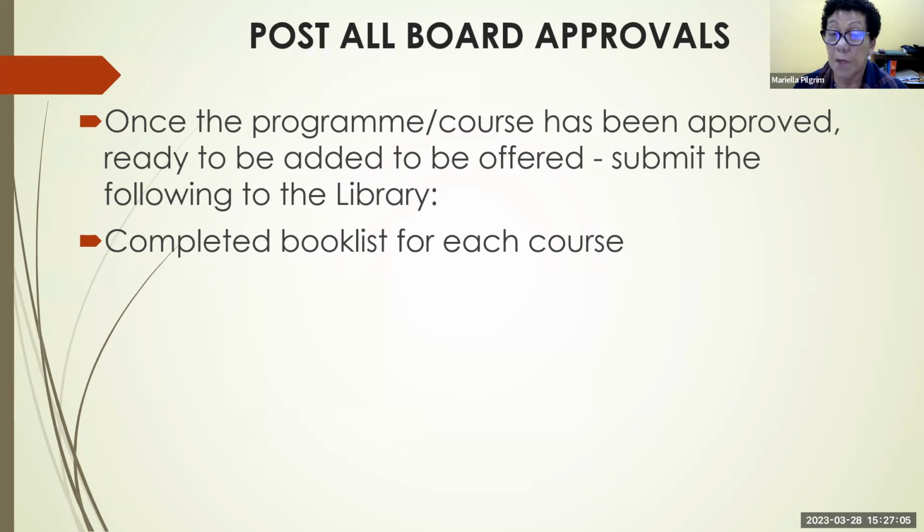But now, because of budget constraints, we can only purchase those items when we get that book list, knowing full well that the course has been approved and you are ready to offer it within the next academic year, so that we get the items in time for our users.